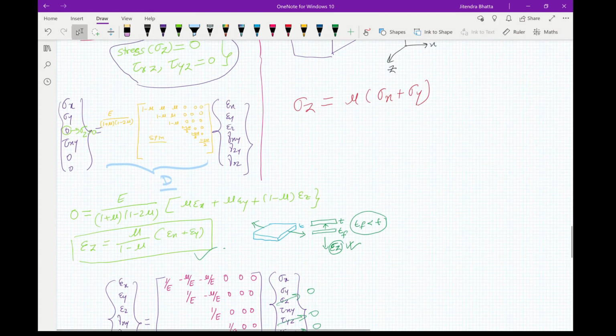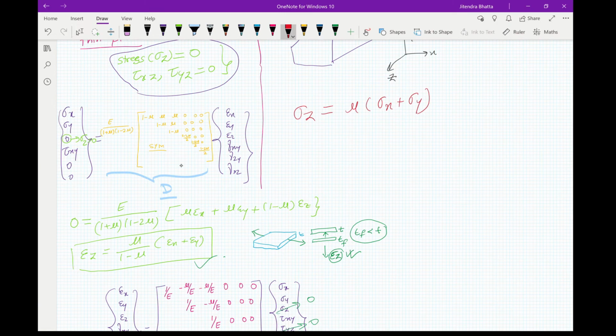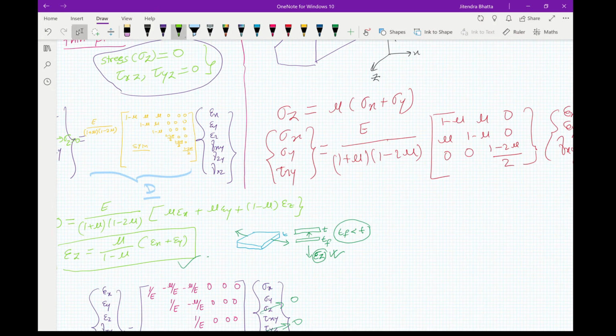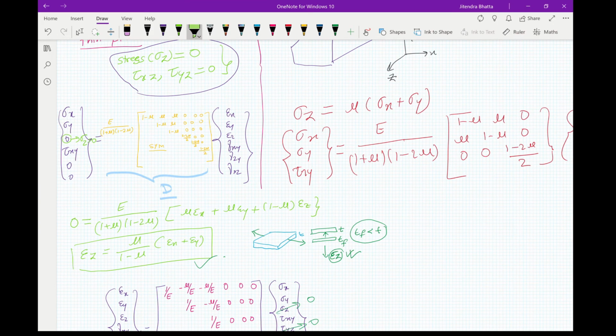And then we can look into this equation here and we can find our sigma X, sigma Y, tau XY should be equal to, what we did here is we just reduced this matrix, taking into account sigma X, sigma Y and then tau XY, as we assume this one 0, this one 0 and this one 0, and we have written this matrix.